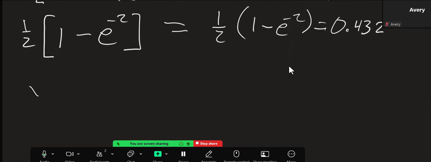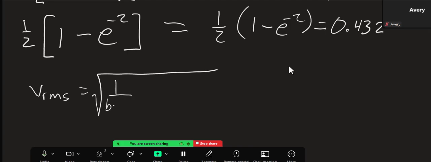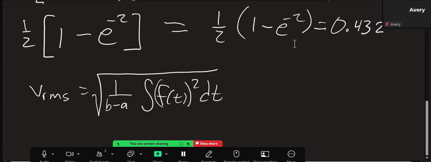Now the root mean square is the square root of 1 over the interval of the integral of the function squared dt.